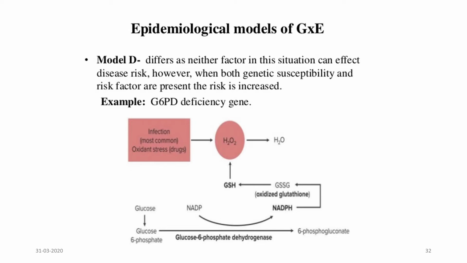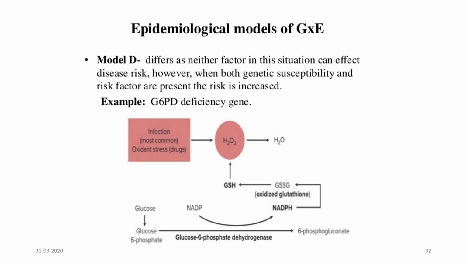So another model is model D, where neither factor in this situation can affect disease risk on its own. However, when both genetic susceptibility and risk factors are present, the risk is increased. The enzyme glucose 6-phosphate dehydrogenase is an important enzyme in the pentose phosphate pathway. The deficiency will not be so effective because glucose can also be used in other pathways.